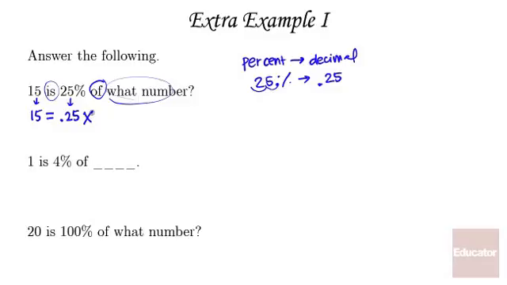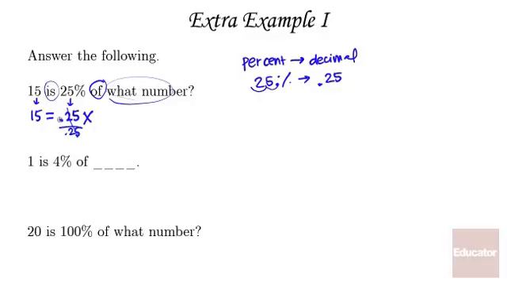Now, when I solve for x, remember that since this is 0.25 times x, I need to do the inverse operation. The inverse operation of multiplying is divide. So in order to solve for x, I have to divide by 0.25. 0.25 over itself is going to be 1.